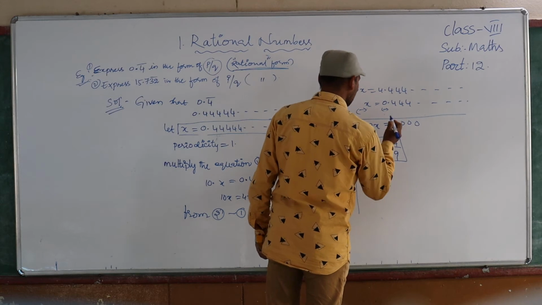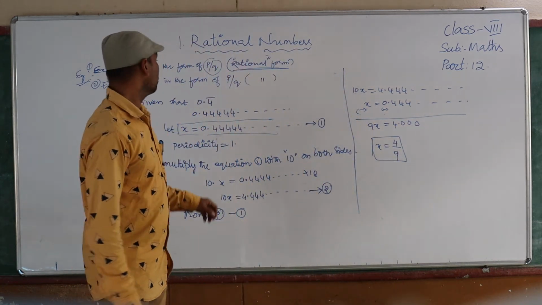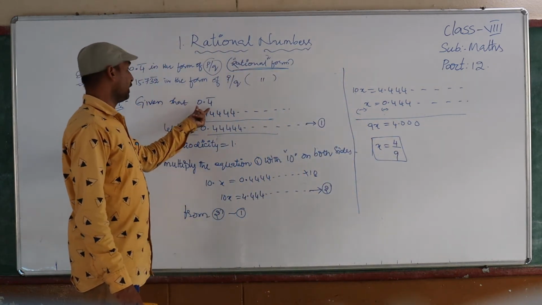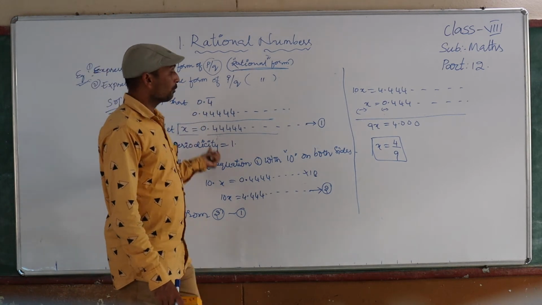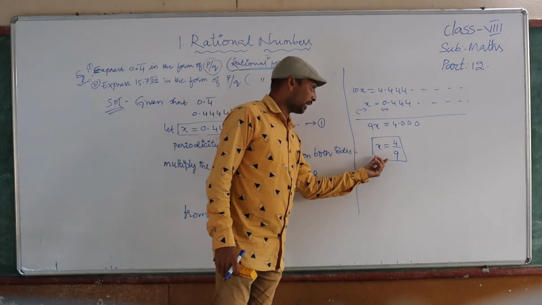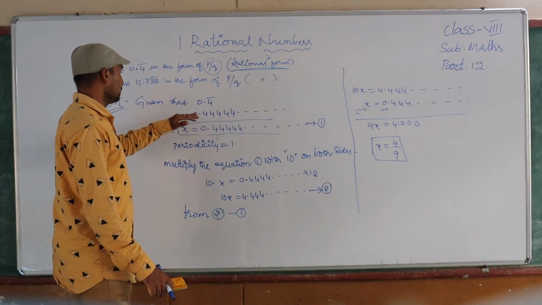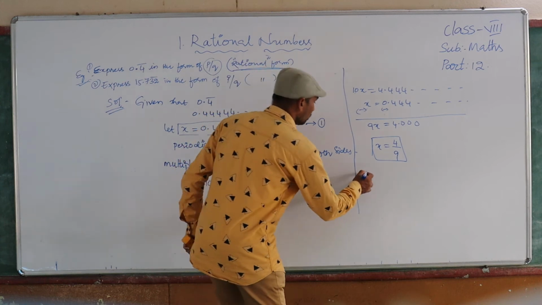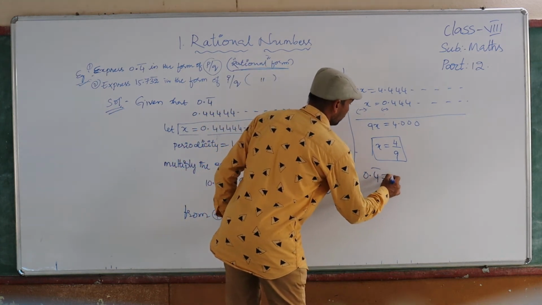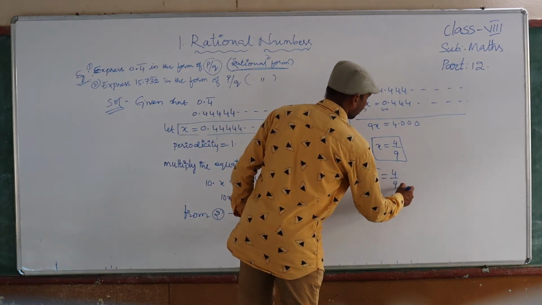So this is how we write the bar decimal numbers in the form of p by q. So 0.4 bar is equal to 4 by 9.